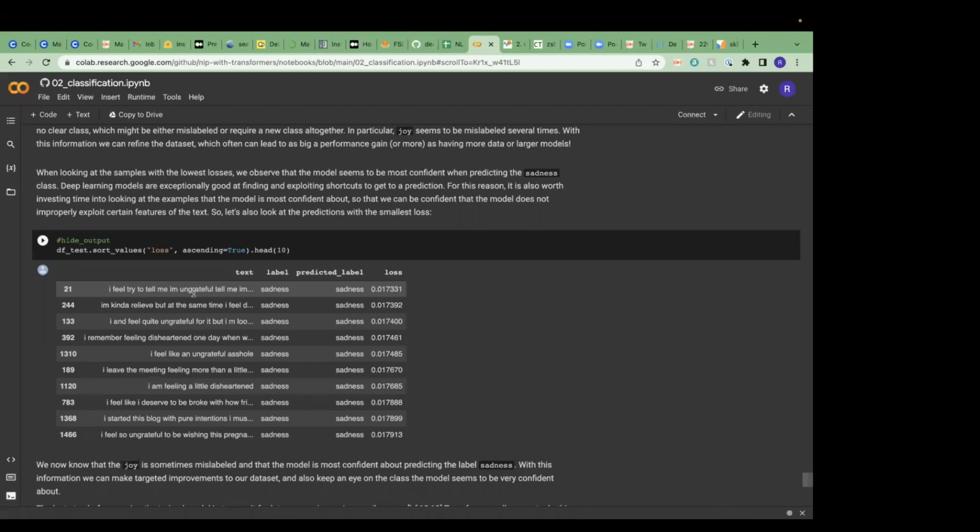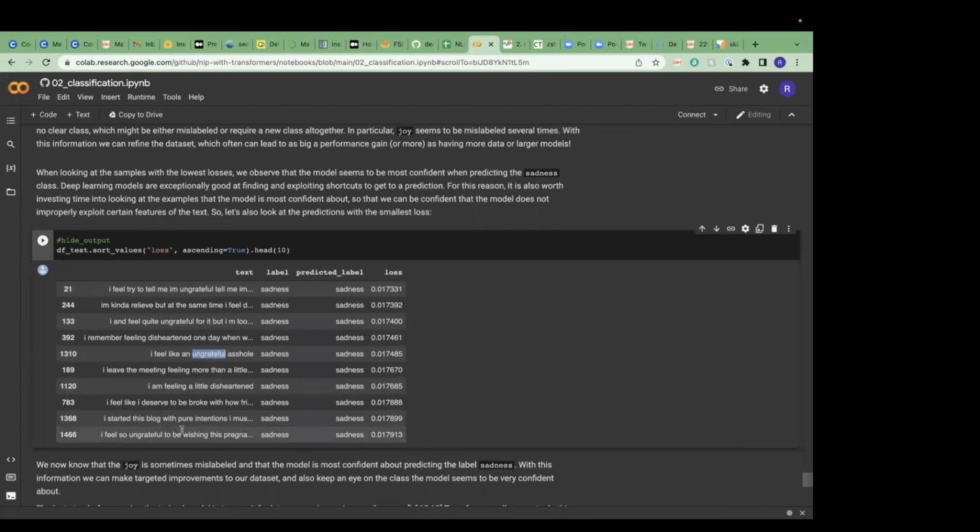Or you want to make sure that it's not overfitting to surface level information, like the length of your text, or maybe a word in your text that always appears in the confident examples, and it's just remembering that one word, no matter what the context is. You can also choose what you want to do with this information.